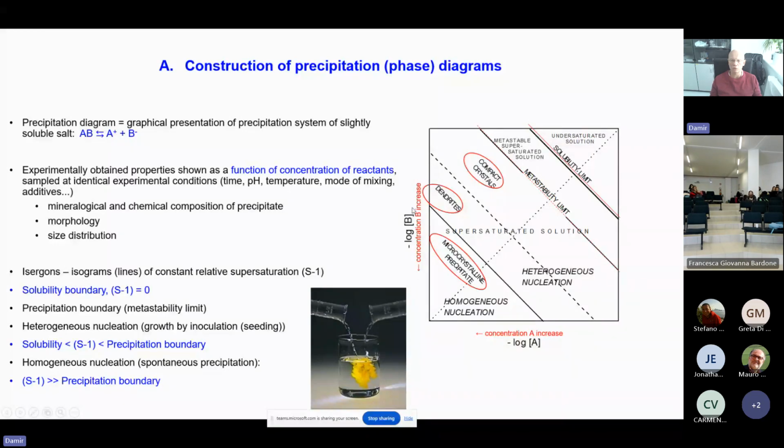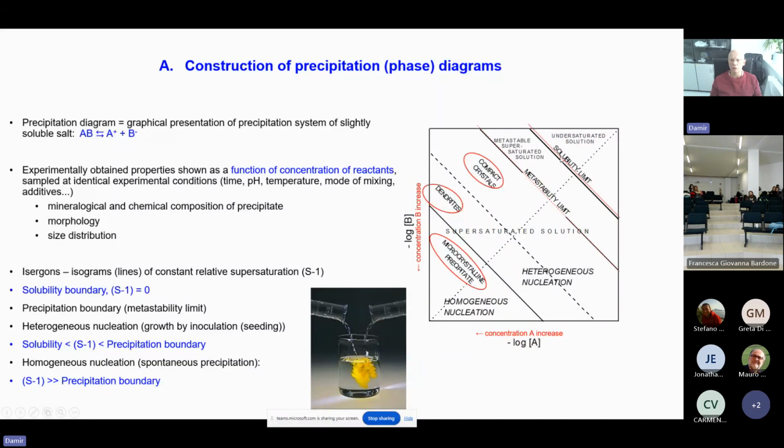You notice here that the increase of concentration is in this direction. On this diagram, you can see some lines. These lines are called isorbons. They are lines of constant relative supersaturation.